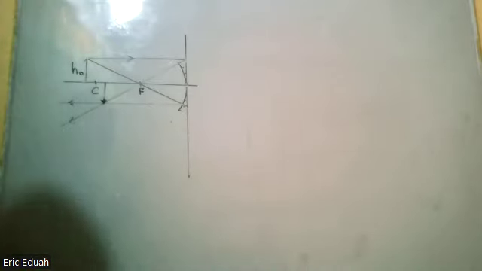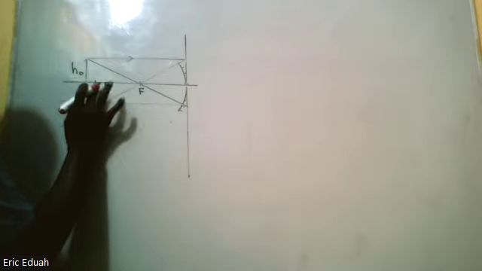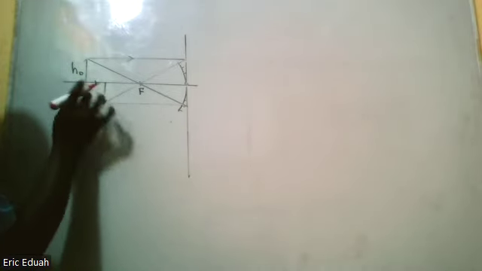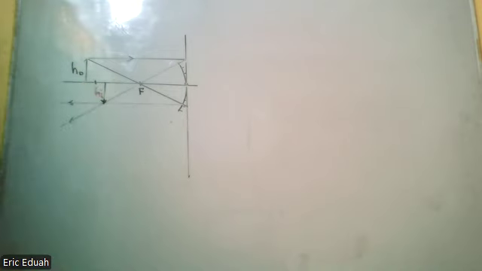Now this is the object. So H subscript O to indicate object height. This is the image. So H, let me clear my C, I don't need it again. H subscript I to indicate image height.